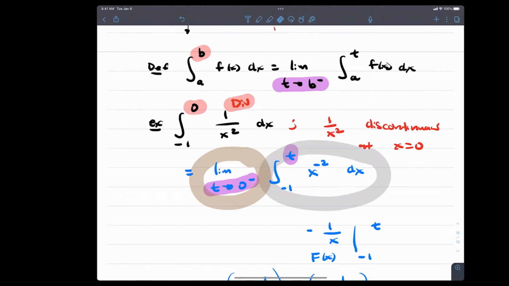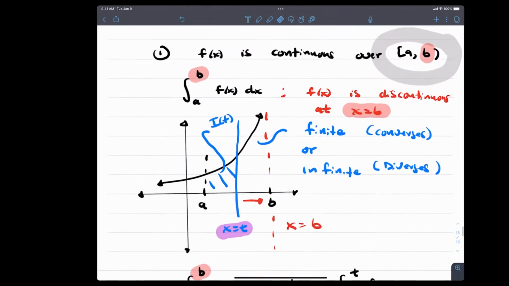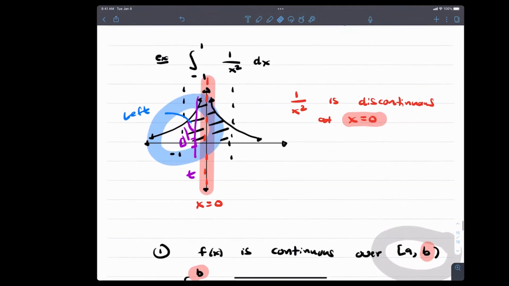Absolutely, diverges. And so what does it really mean about the area? That area is uncountably large. In other words, let me get rid of the purple if I can. Hard to do. But what I'm saying in this question is this area is actually infinite.